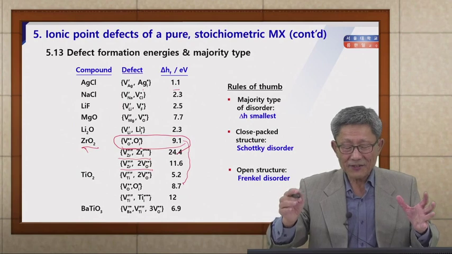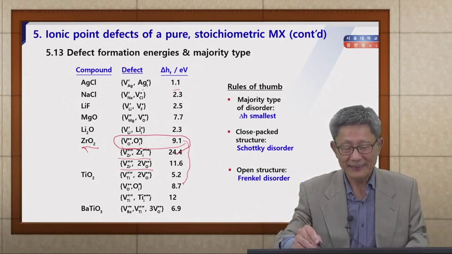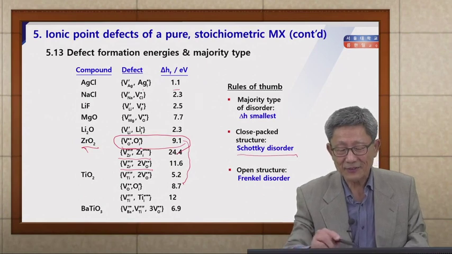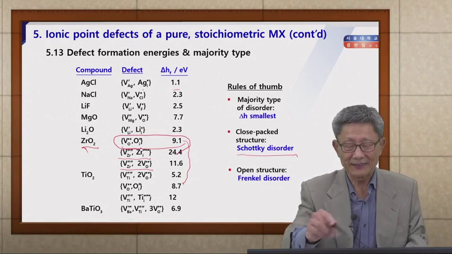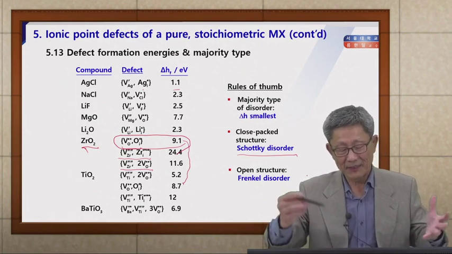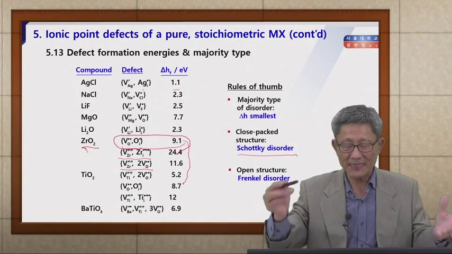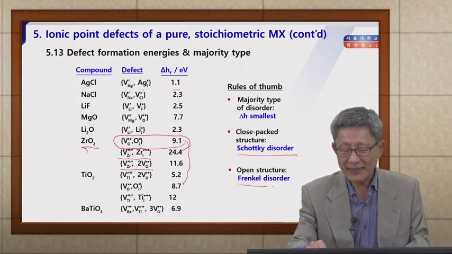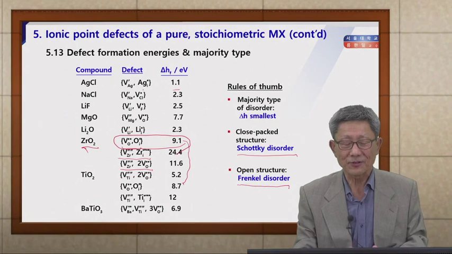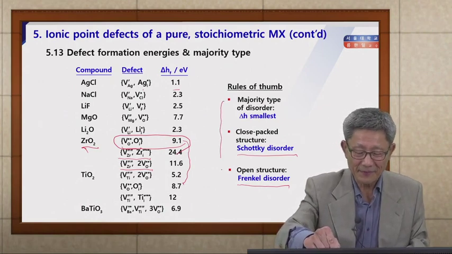If the structure is close-packed, like face-centered cubic or something like that, then Schottky disorder is normally the majority disorder type. And for an open structure like the fluorite structure, or the BCC structure, then Frenkel disorder makes the majority disorder type. So these are the rules of thumb.